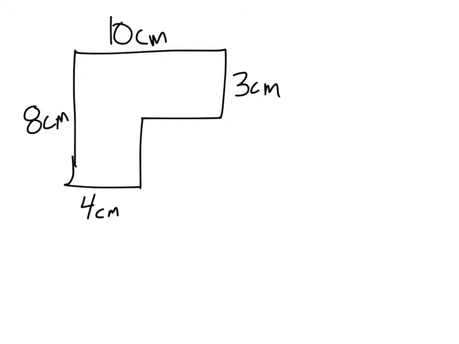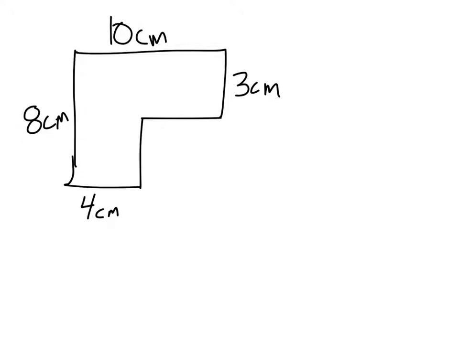We know the orange length right there is 3. So the orange and the green have to make up 8 centimeters. We're going to take the 3 off of the 8, and we see that the green one would be 5 centimeters.